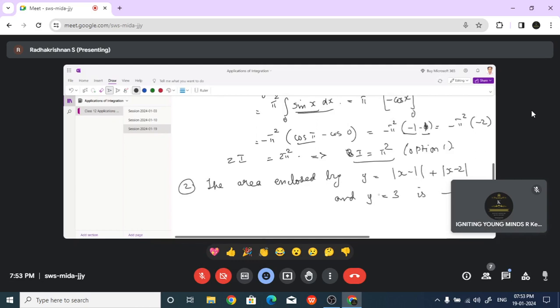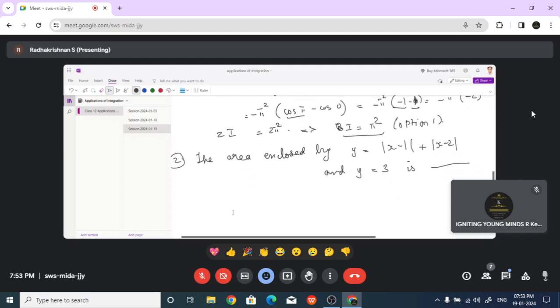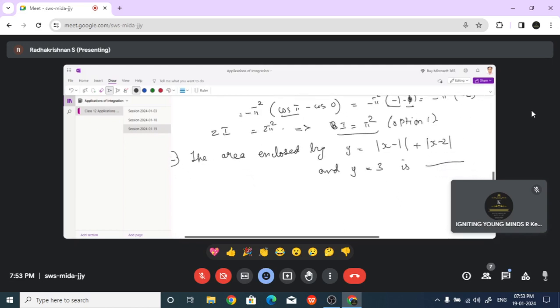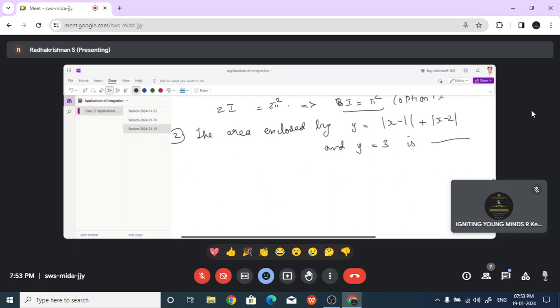Okay. Y equal to mod x minus 1 plus mod x minus 2, and y equal to 3 is the other line. So what is the area enclosed by these equations? I will give a couple of minutes for you to try.